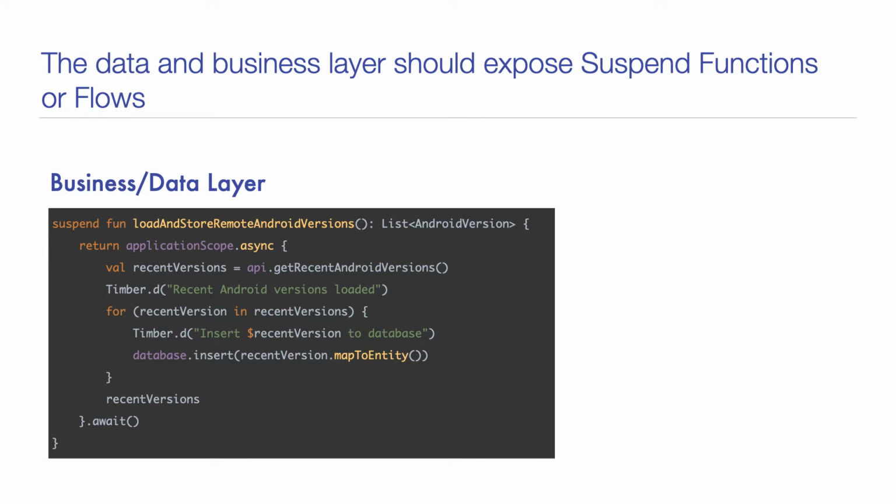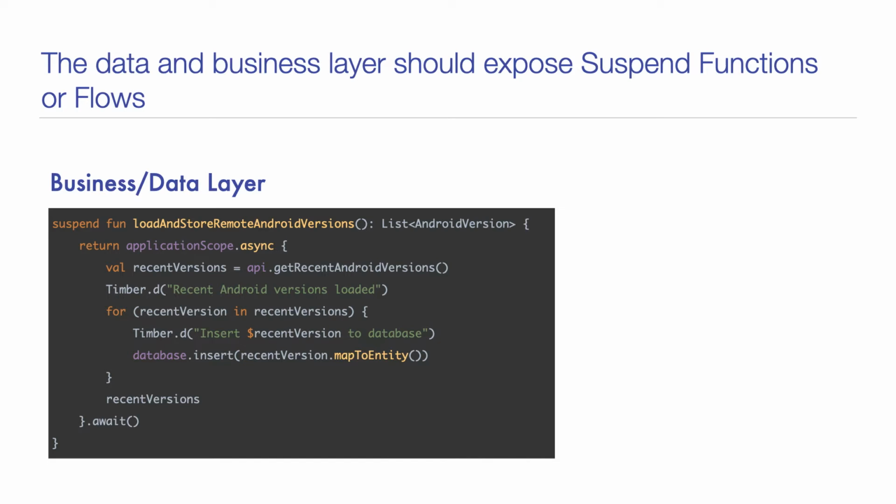The second situation in which we want to create new coroutines in the data or business layer is whenever we want to trigger work that should not be cancelled when the scope of the coroutine that called the function is cancelled. In this situation, we should use an external scope with a longer lifetime and launch a new coroutine from it.